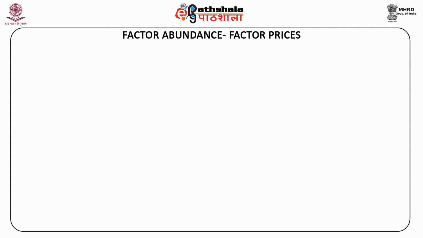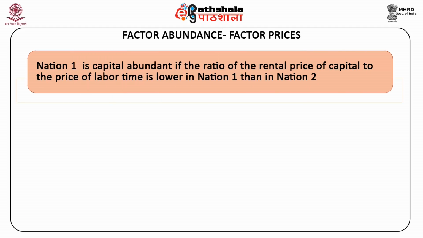According to the definition in terms of factor prices, nation 1 is capital abundant if the ratio of the rental price of capital to the price of labor time, that is, Pk by Pl, is lower in nation 1 than in nation 2.